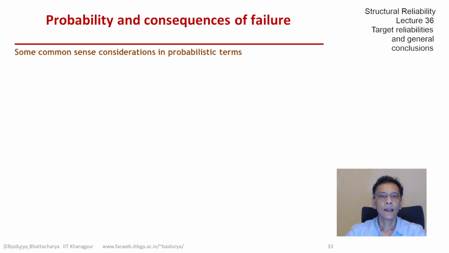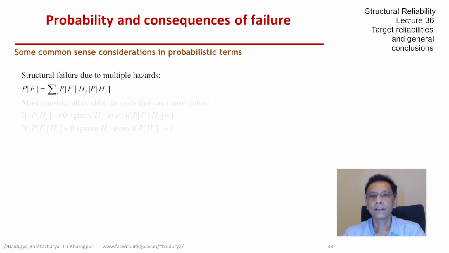Let's go back to our old friend, the theorem of total probability, and let's describe the probability of structural failure when there are multiple hazards. And we have been talking about these a lot.